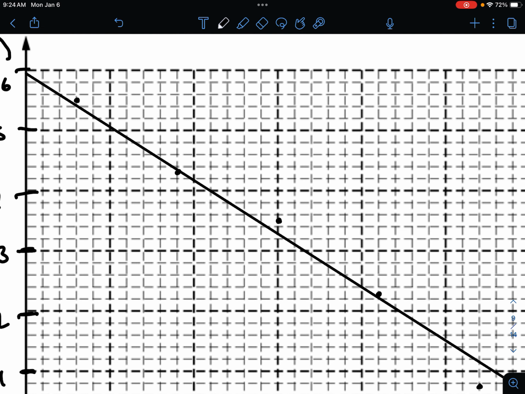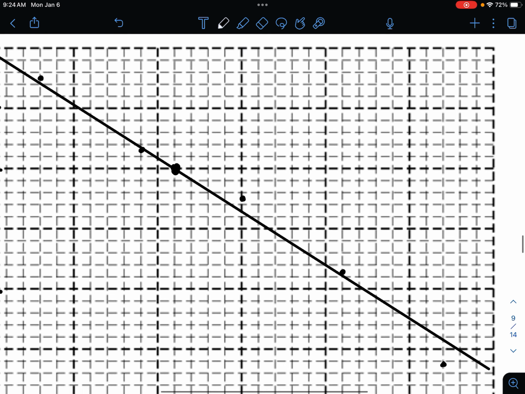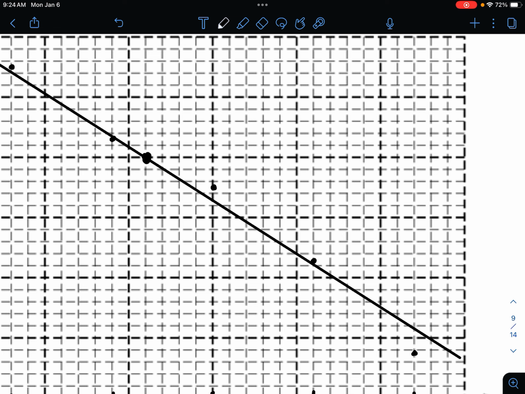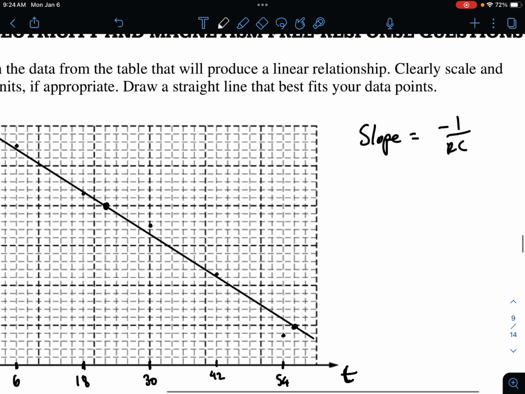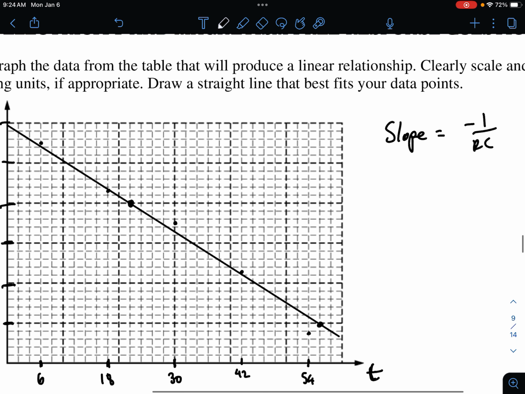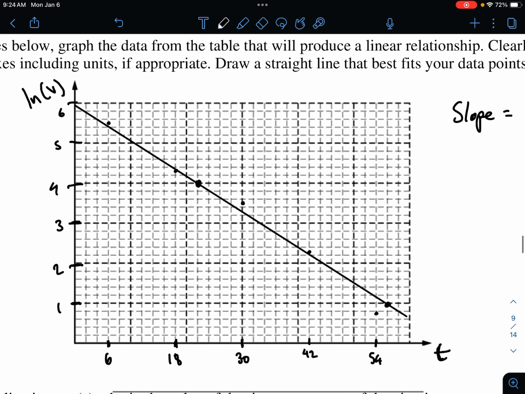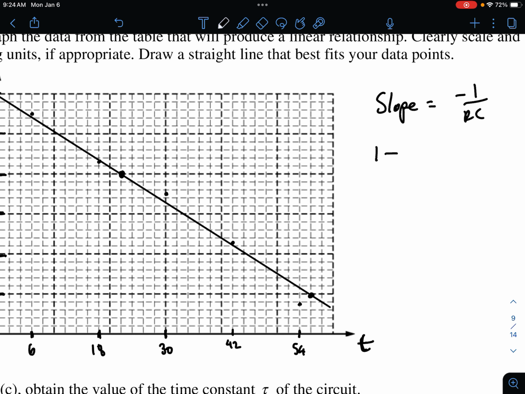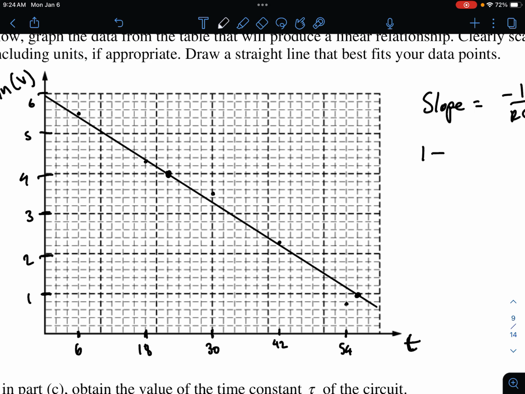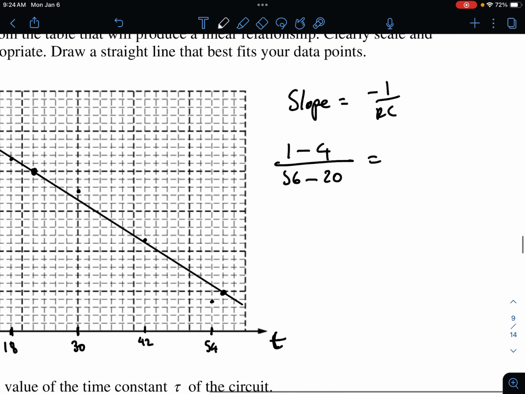So for my line of best fit, I guess this is a clean point to use. What's another clean point? I guess right here. So slope is going to be, so this would be 56, and so let's use this. So the ln is 1 minus 4, so I'm using y2 minus y1 over x2 minus x1. 1 minus 4 over 56 minus 20 equals negative 1 over tau.